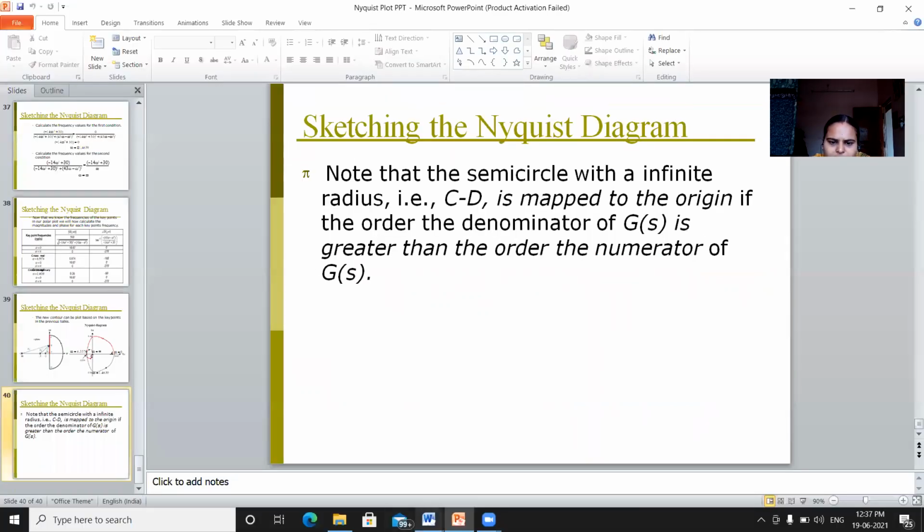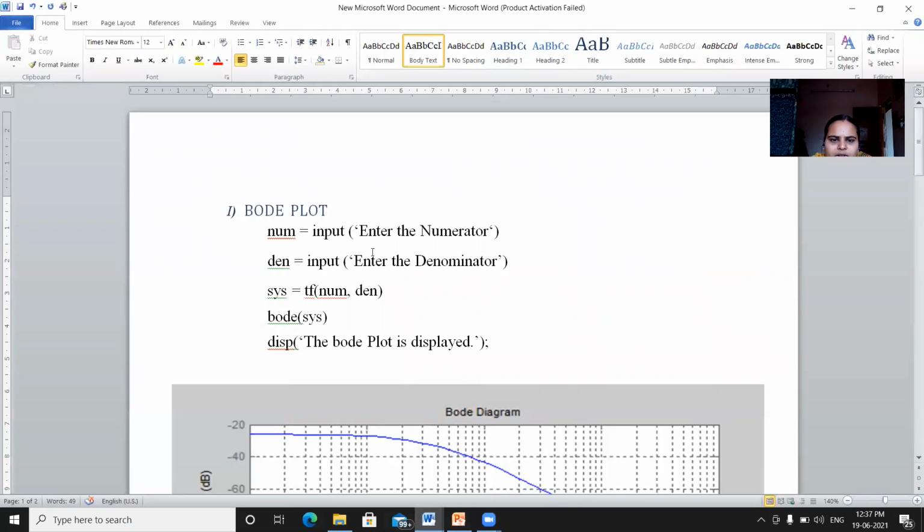When we go to the practical part, there are simple instructions we have to follow while writing the program in MATLAB. For the Bode plot, first you have to mention the numerator part. Numerator is given as an input, so you enter the numerator values. Then for the denominator, write it as an input and enter the denominator values.